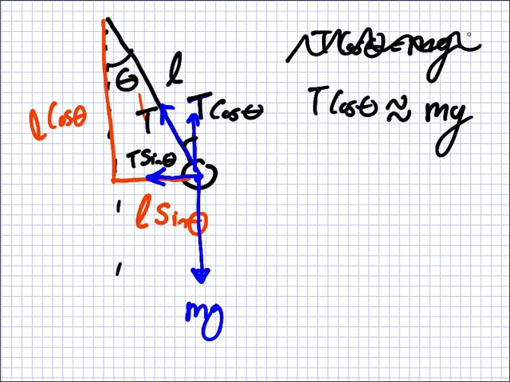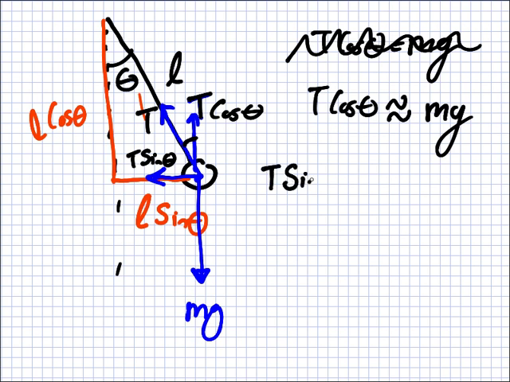No. Well, it is, kind of, a little bit. As this swings down, the bob loses height. So the mg will be bigger than the T cos theta. And then on the way back up, what's happening? Yeah, the T cos theta will be bigger. But roughly speaking, they're about the same. Roughly. Okay?